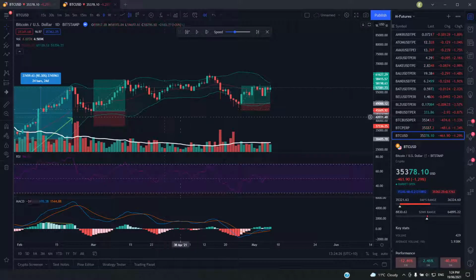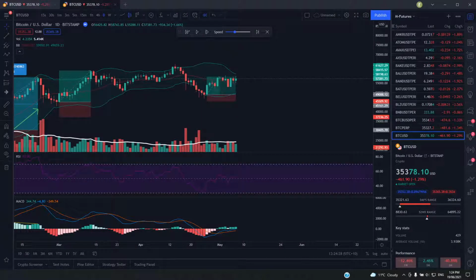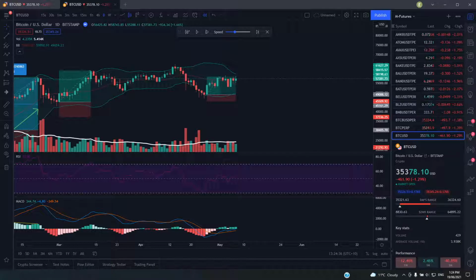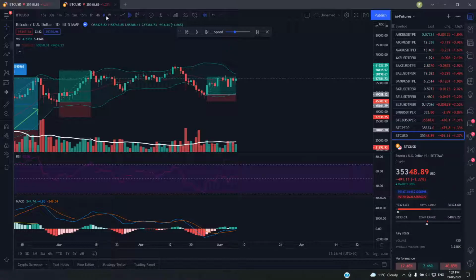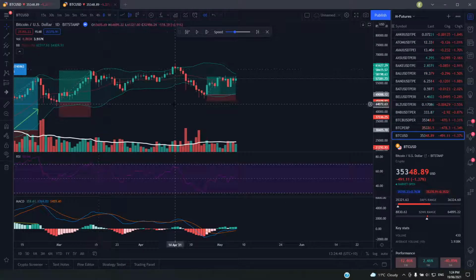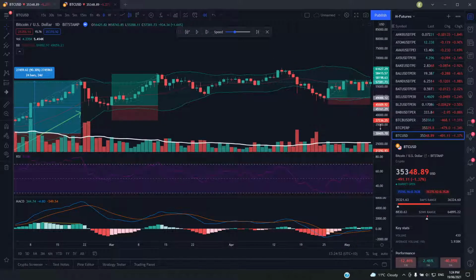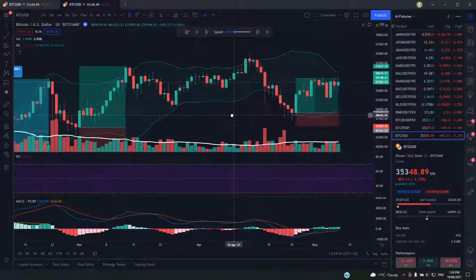So let's look for a short, eh? How to short with Bollinger Bands, RSI and MACD. All right, so let's go.